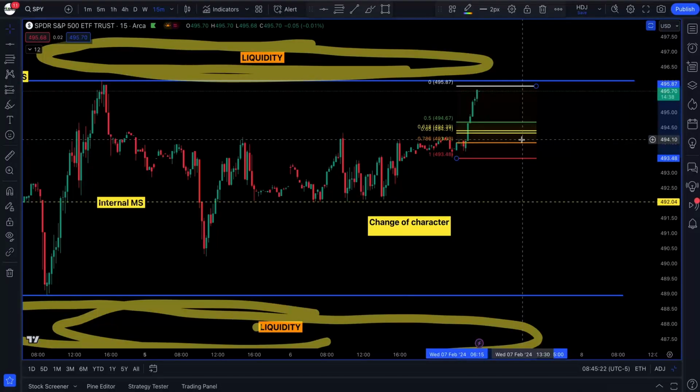That's why in the first module, the very first slide, the number one thing on that slide was patience. The number two thing on that slide was discipline, because we have to be willing to sit back and wait for the market to show its hand, and then we take our position.